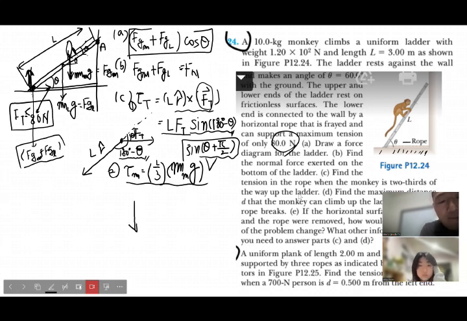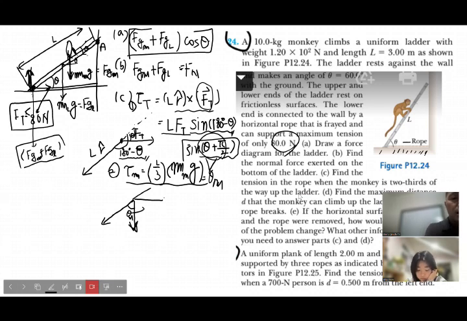The rotational axis is again point A, and that angle is 90 degrees plus theta.